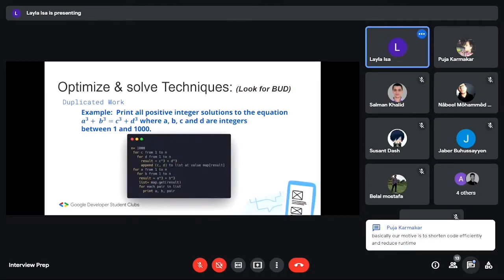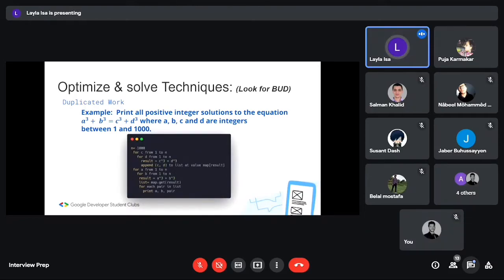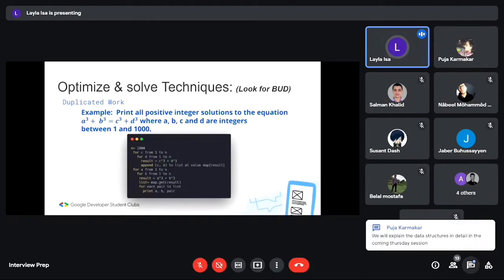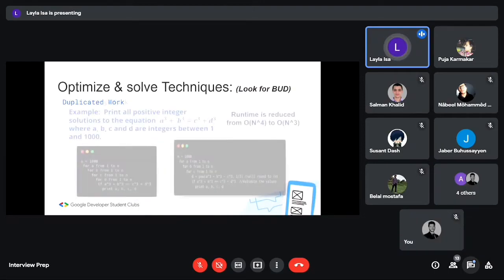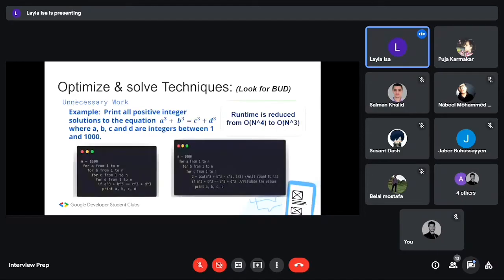And yes, here you can see for c from 1 to n, for d from 1 to n, result is c cube plus d cube. Append (c, d) to the list at value map[result]. Then for a from 1 to n and b from 1 to n, result is a cube plus b cube, and we call map.get(result). This code will reduce the many for loops, even if we optimize the last step.